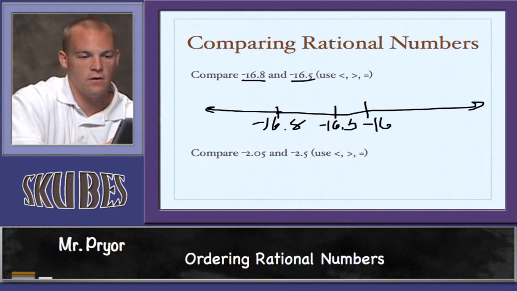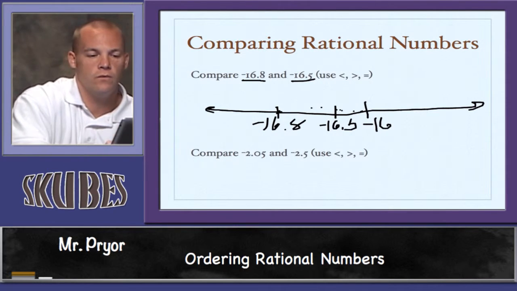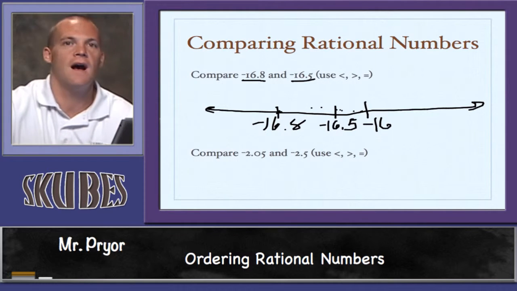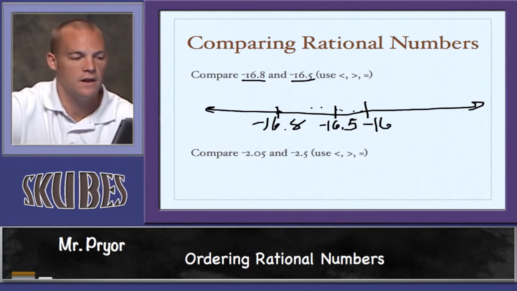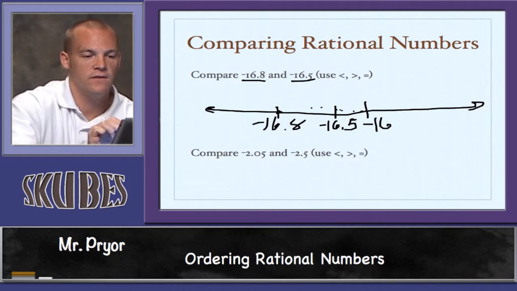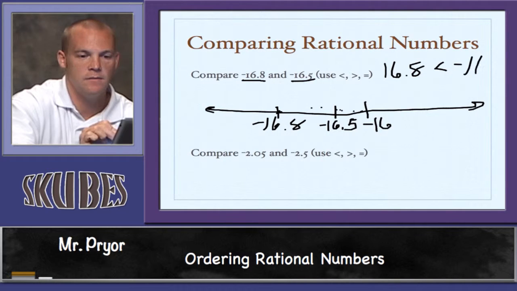When you're counting, it would go negative 16, negative 16.1, 2, 3, 4, 5, 6, 7, 8. Okay, so though it looks larger, you've got to think opposites because it's the other side of the number line. So with this problem, negative 16.8 is actually going to be less than negative 16.5.